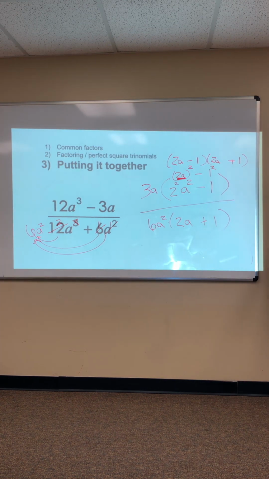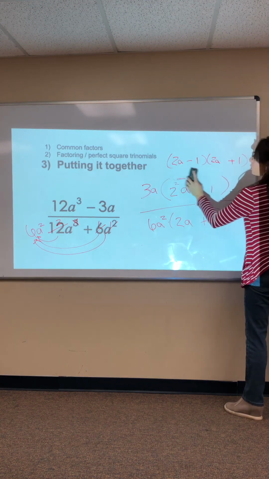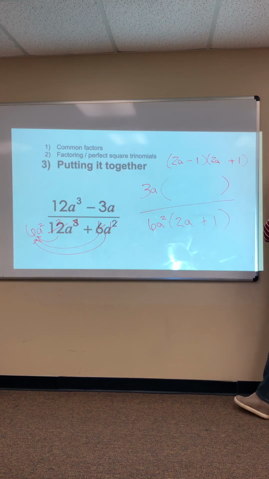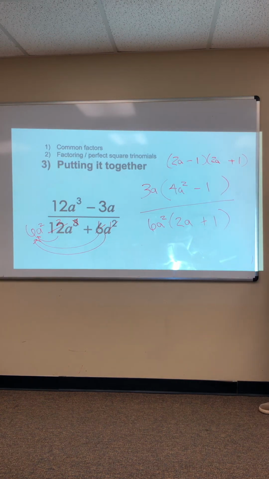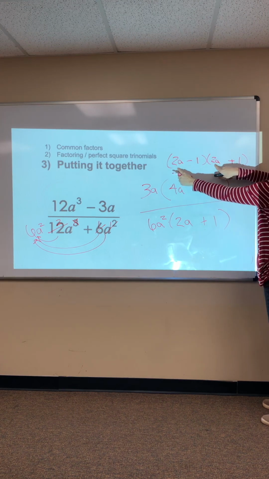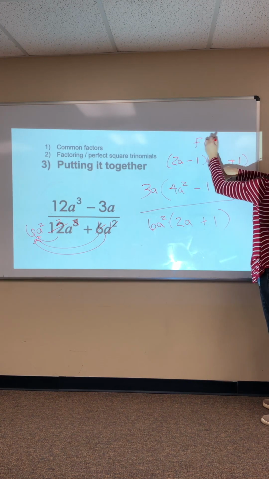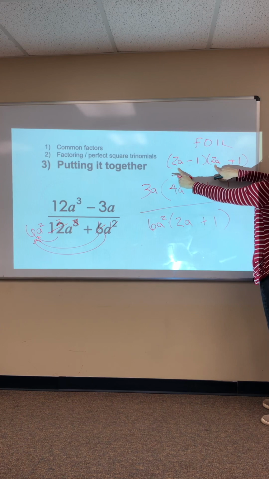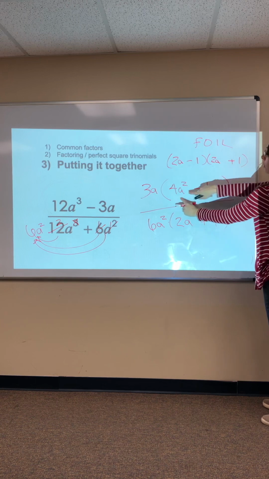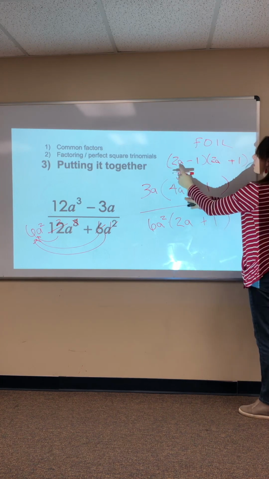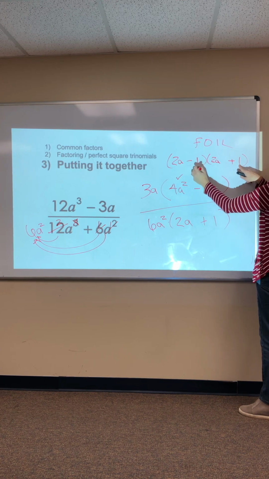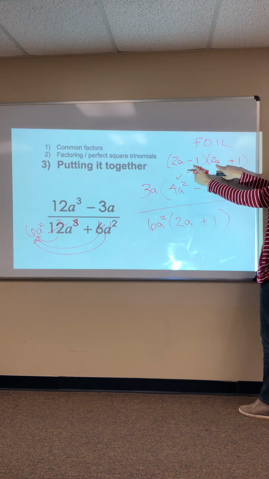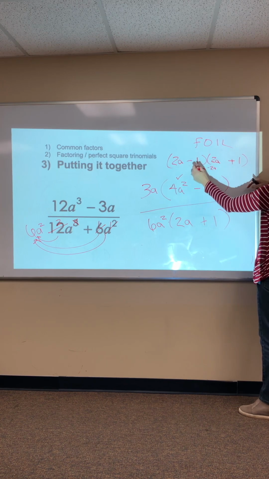So let's check ourselves. We said that we had 4A squared minus 1, correct? 2A times 2A for firsts, FOIL, right? 2A times 2A gives us 4A squared, okay, check. 2A times 1 is a positive 2A. 2A times negative 1 is negative 2A, so those cancel.